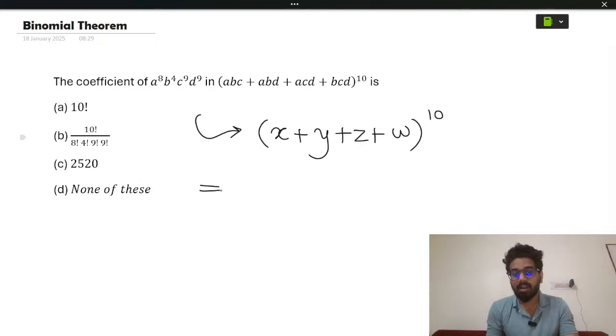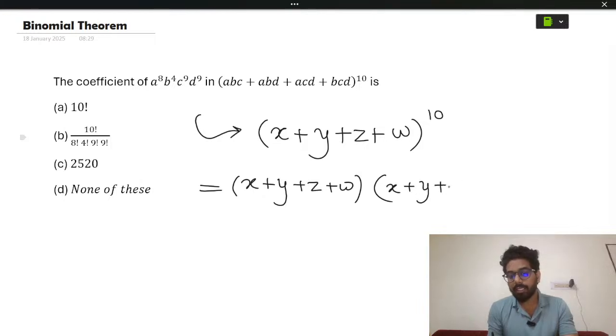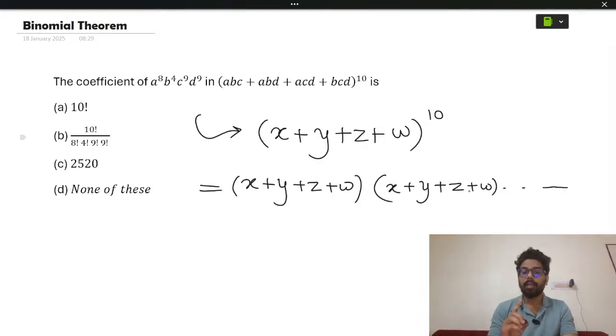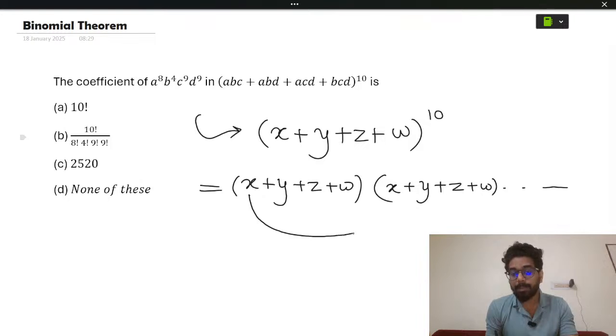Now what is the meaning of this whole power 10? That this same thing is multiplied 10 times, right? Now when you multiply, actually what you are doing is taking a term from one factor and multiplying it by a term from the other factor.